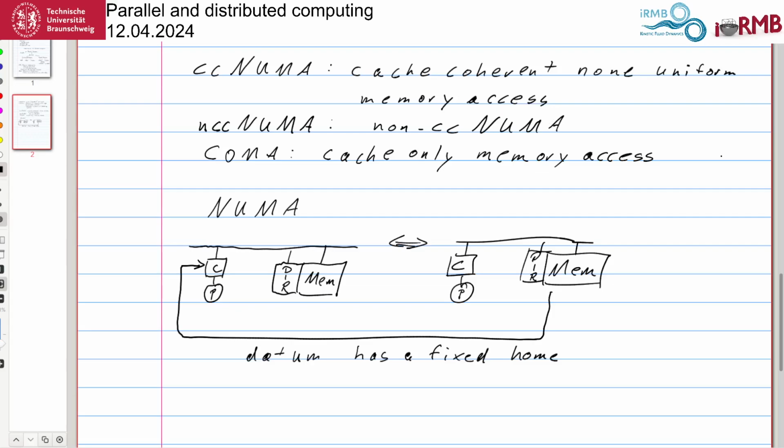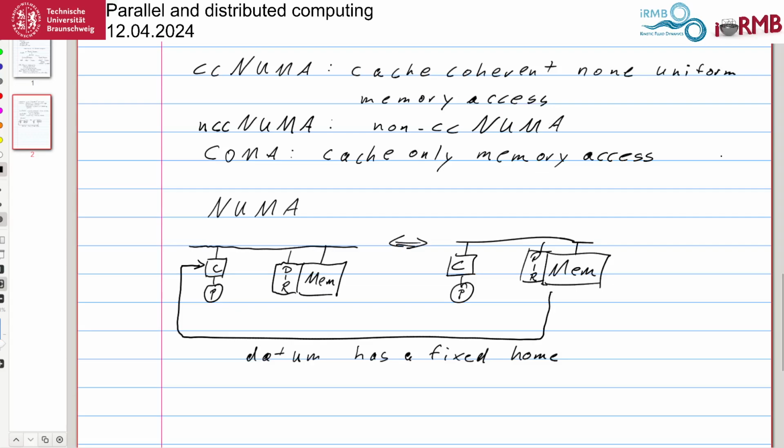So the datum is still in the other domain, or in the domain of the other processor, while it is taken care of. This is what happens in a NUMA machine.